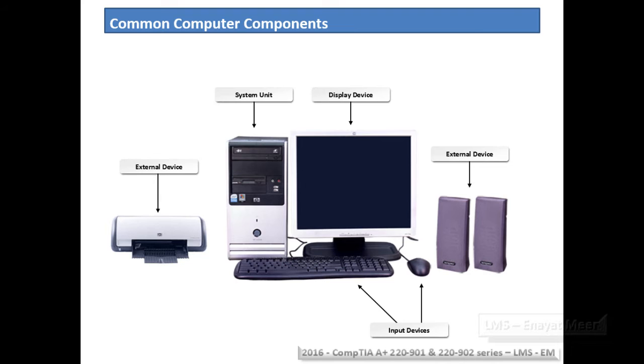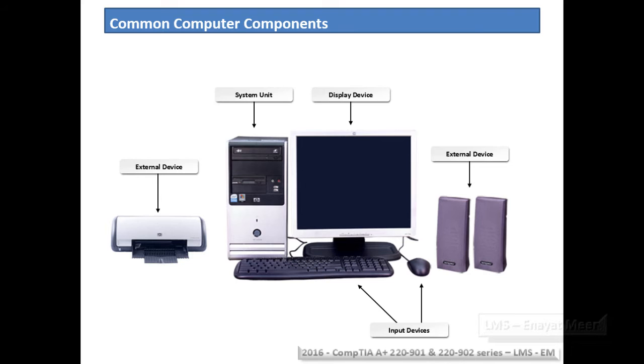And you have a monitor, a display device where you can see your output, and this could be a DVI, digital video input, or an HDMI, high definition multimedia interface. On the right side you see my external speakers, and speakers could be built into your monitor.